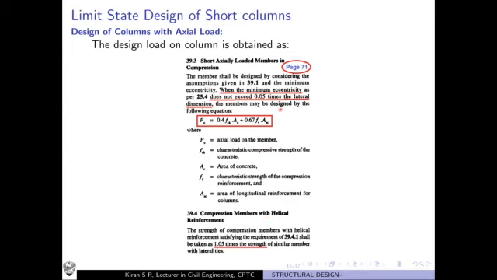Okay, so compared to lateral ties, helical reinforcements are better because they give more strength to the column. How much strength? An additional 5% strength is given. That is why we have used the factor 1.05. So this is again given in clause 39.4, that if we are using helical reinforcement, then you have to multiply these terms with 1.05.